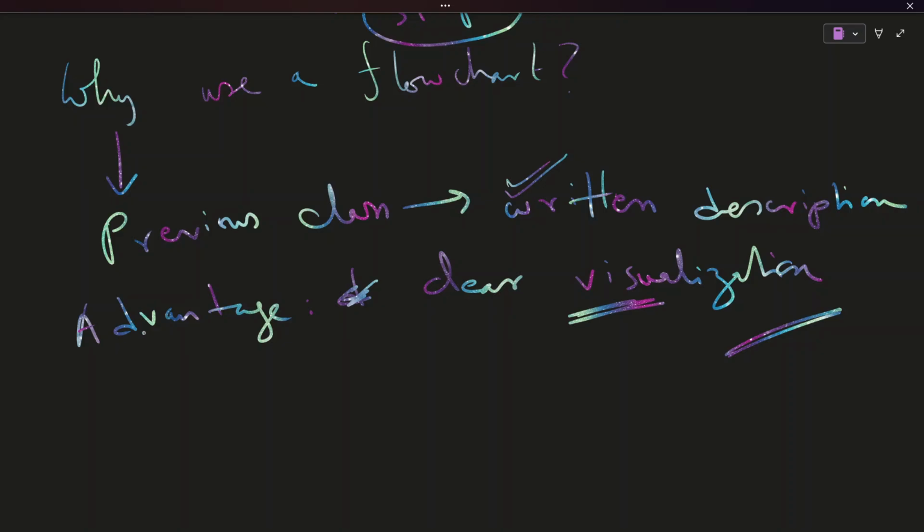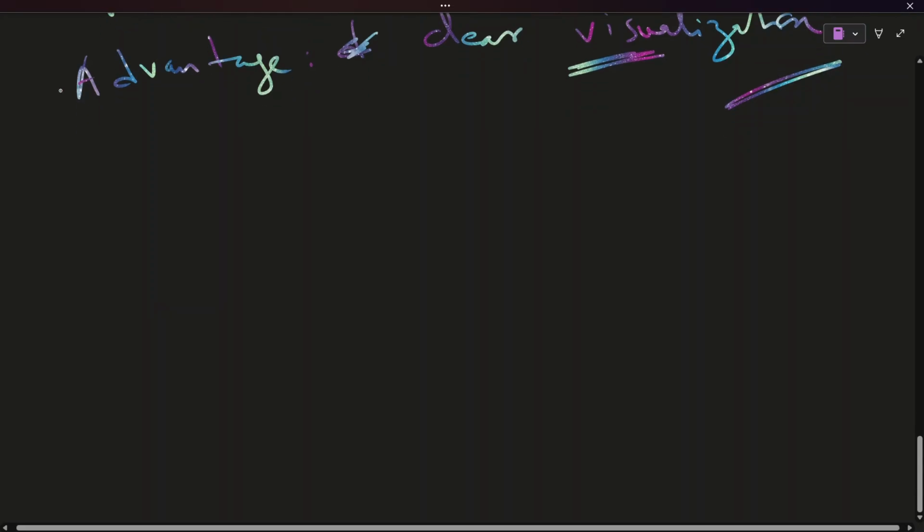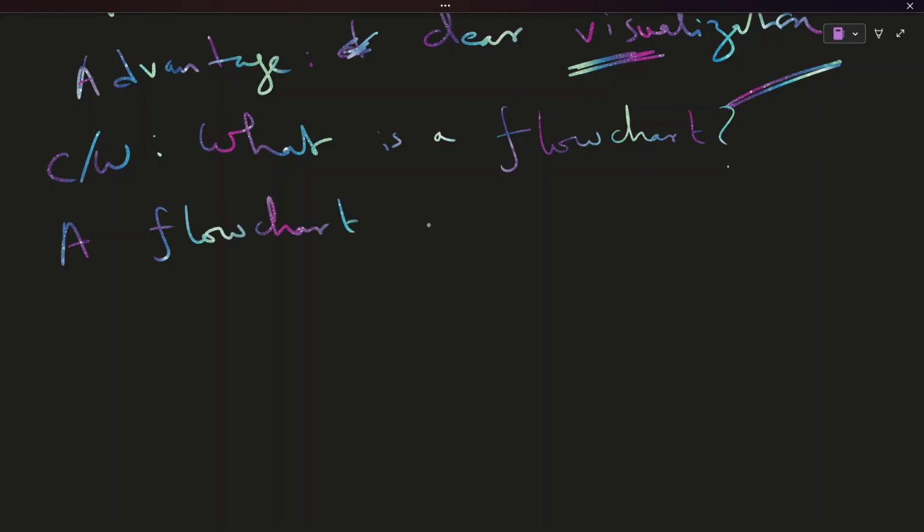Okay, now that we have studied what a flowchart is, let's try to jot down the formal definition in our classwork. Okay, so our classwork is, what is a flowchart? A flowchart is a diagram that shows an algorithm.